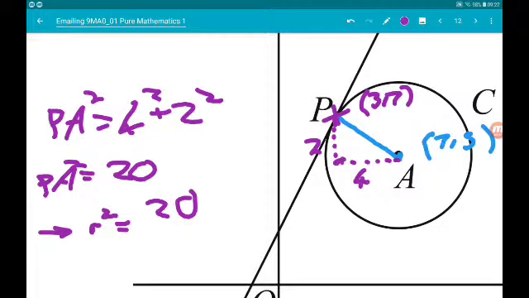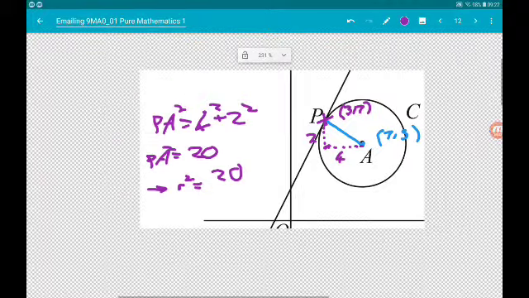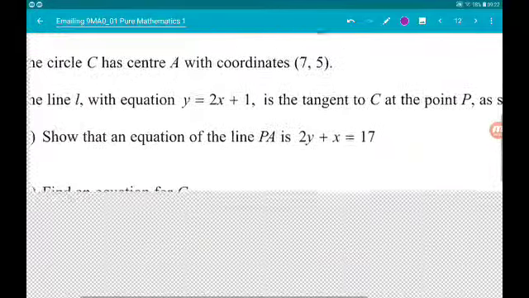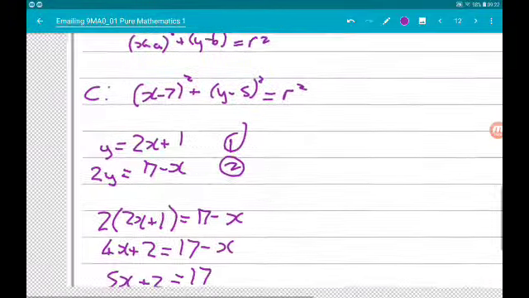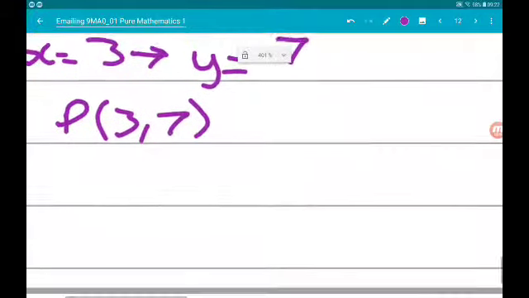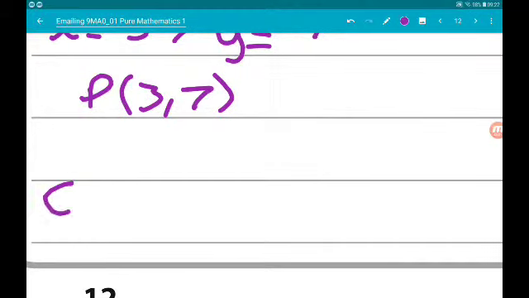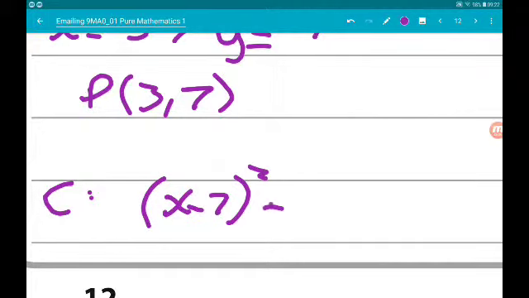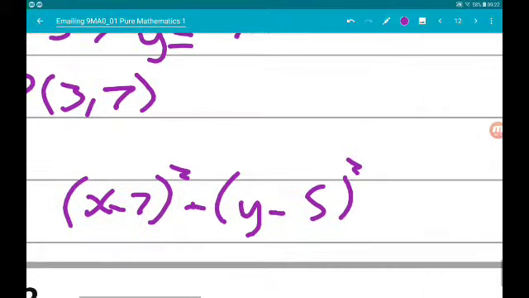We only need r squared. So the equation of C is x minus 7 squared add y minus 5 squared is equal to 20. Cool.